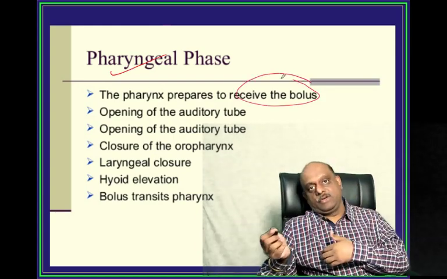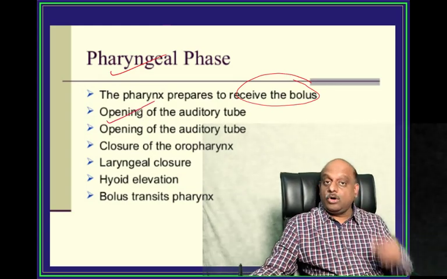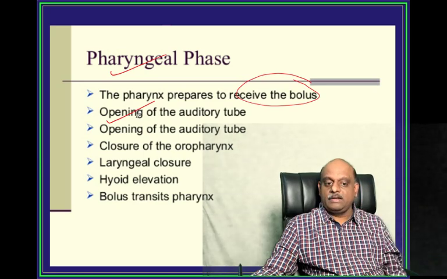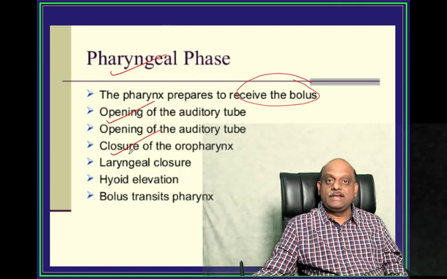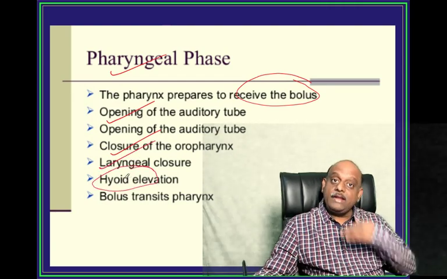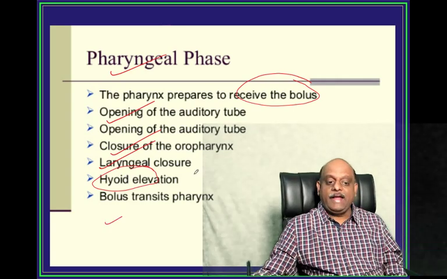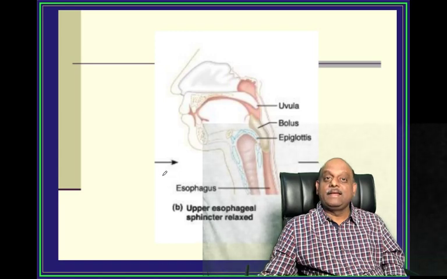From the pharynx it goes to the esophagus. What happens at that time? The auditory tube becomes opened, the oropharynx becomes closed, laryngeal closure occurs, the hyoid will become elevated, and the bolus of the food will pass into the pharynx.